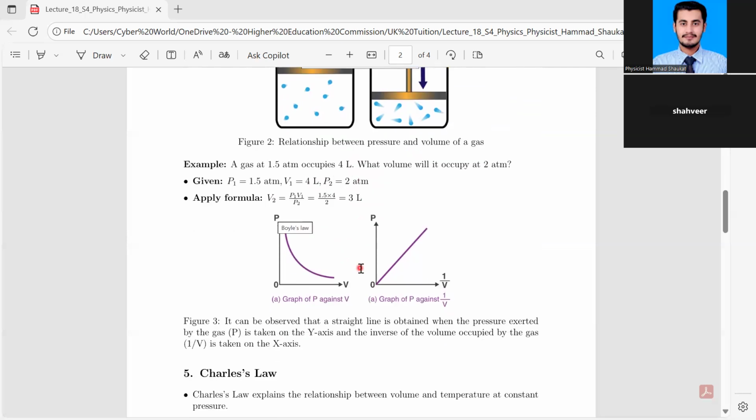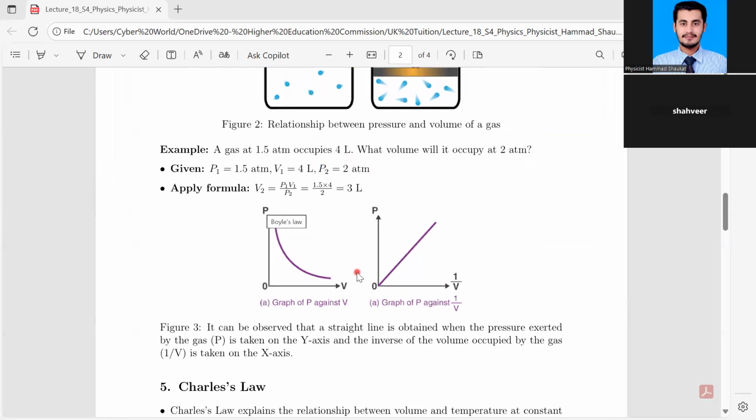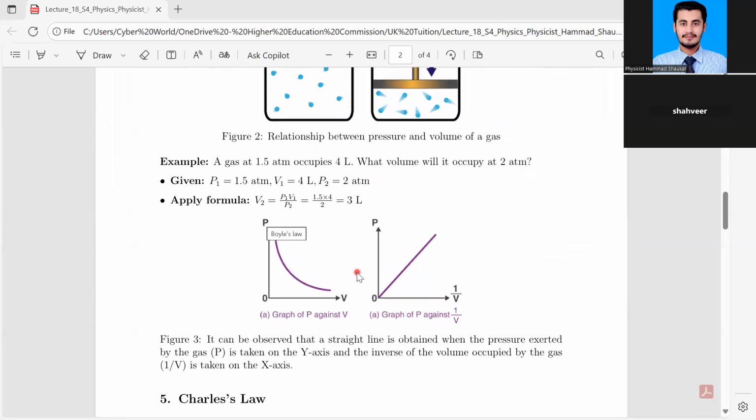Now let's move on to the graphical representation of Boyle's law, which is important. Because Boyle's law tells us about the relationship between pressure and volume, we have to plot the graph between pressure and volume. The volume should always be taken on the x-axis and pressure on the y-axis. The x-axis is the independent quantity and the y-axis is the dependent quantity.